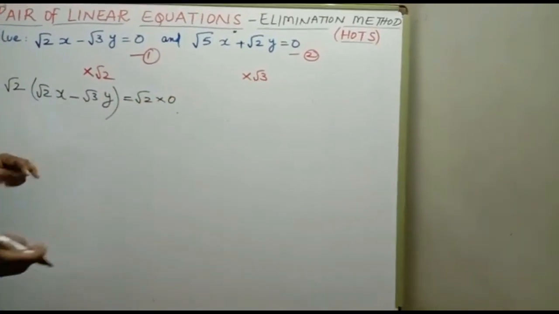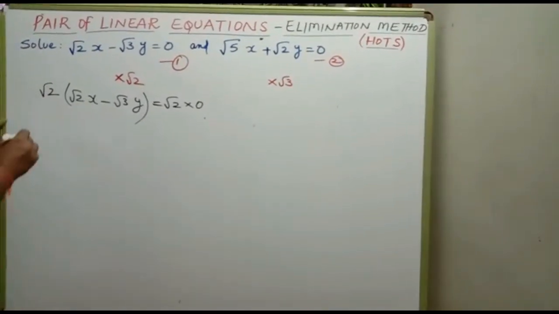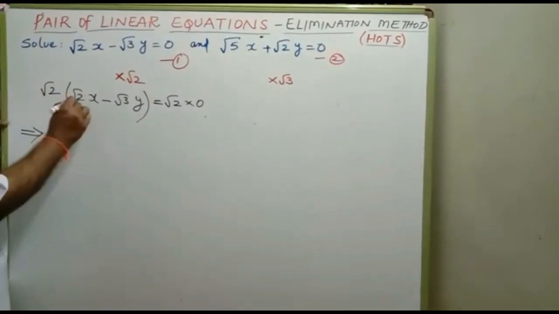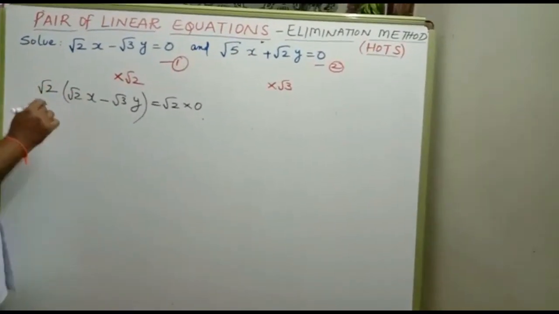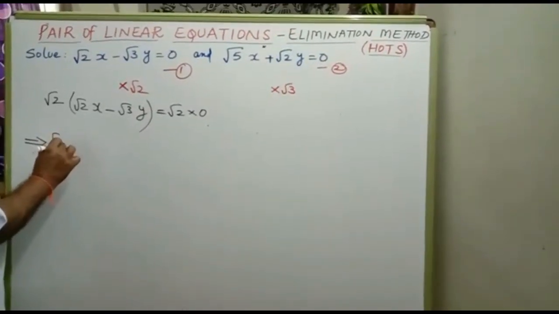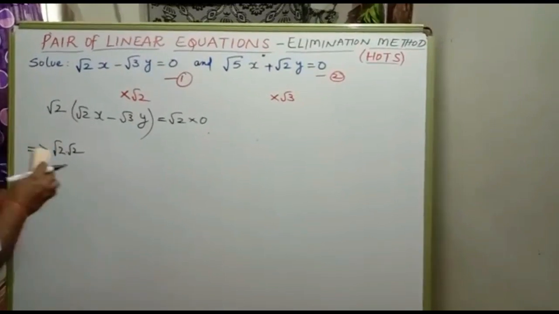We should multiply LHS and RHS with root 2. So now we are getting new equations. First of all, what is root 2 into root 2? Root 2 into root 2 is nothing but 2.